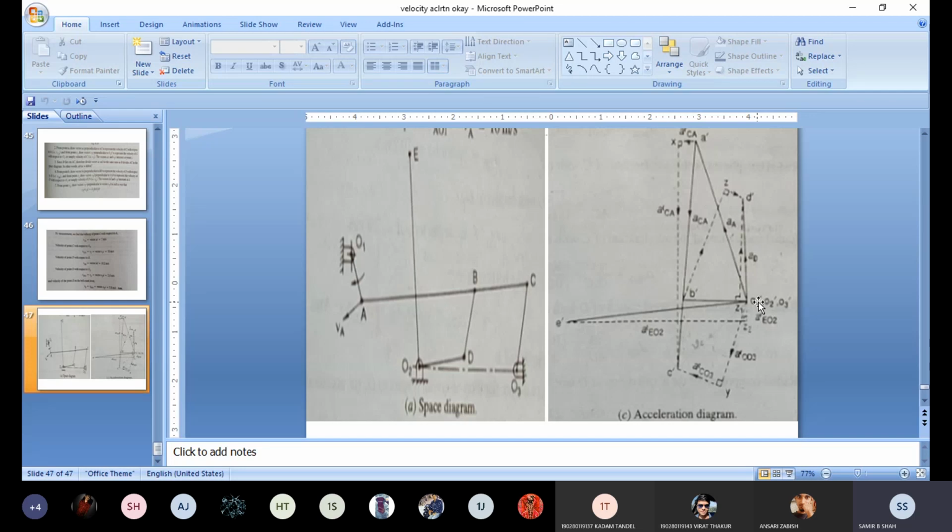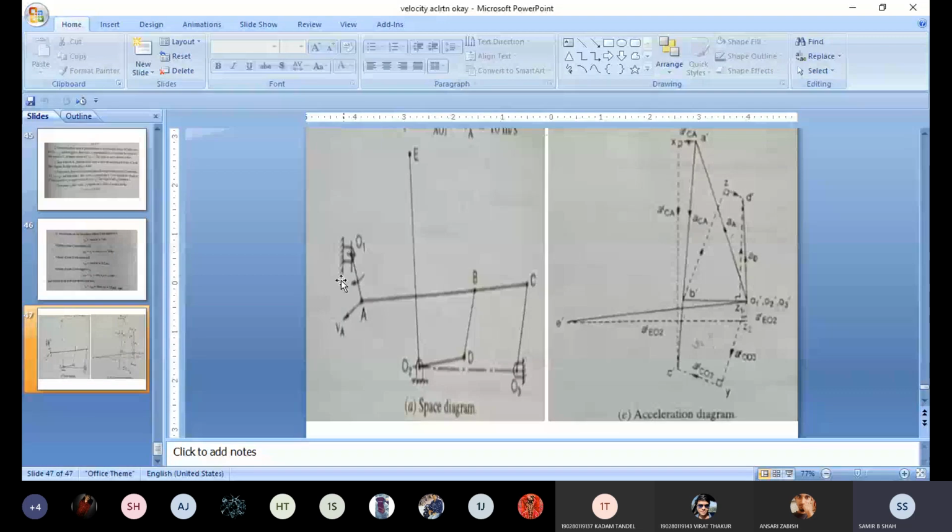Now start with O1A, whose angular velocity is given to us. So we know very well that if angular velocity is constant, at that time we are getting only the radial part. So initially we start with this link, this crank, O1A.